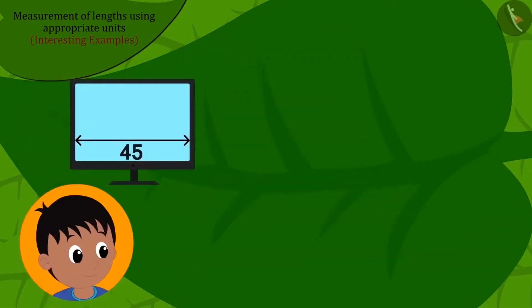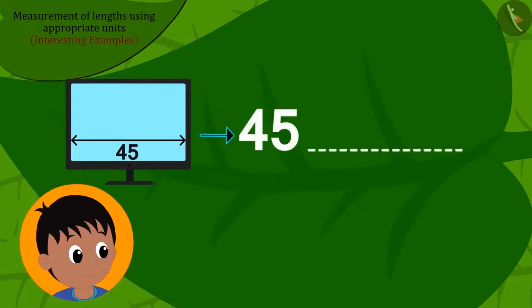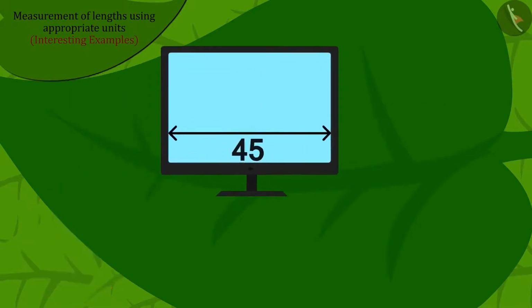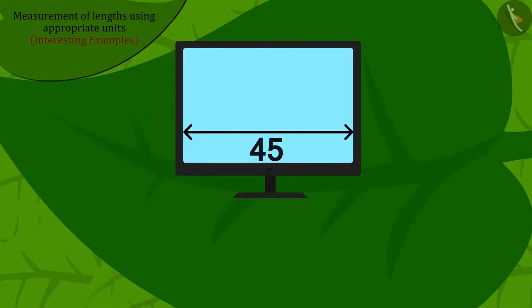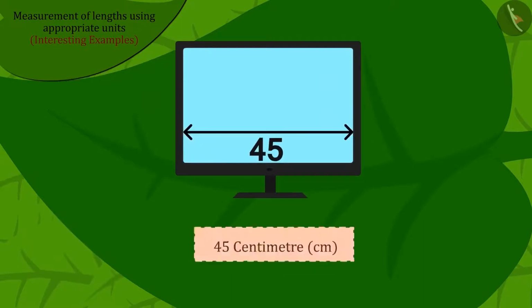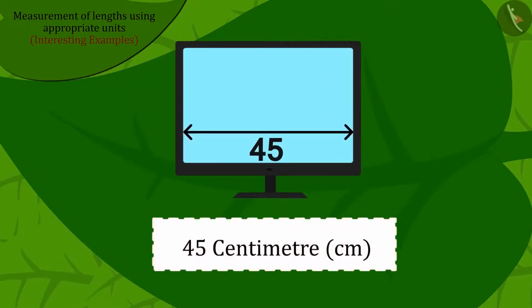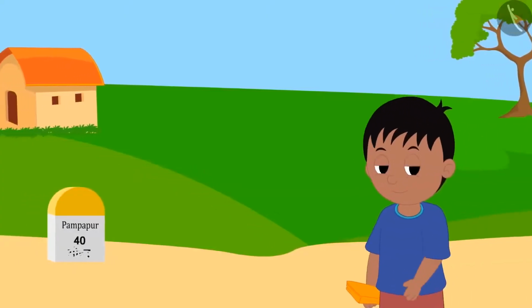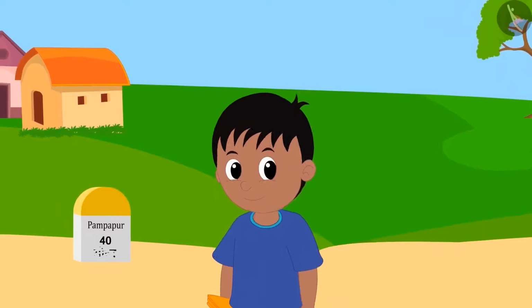Raju should write the length of the computer screen using centimeter. So in this way, what would be the screen length of the monitor? 45 centimeter. Now Raju was about to reach his house.